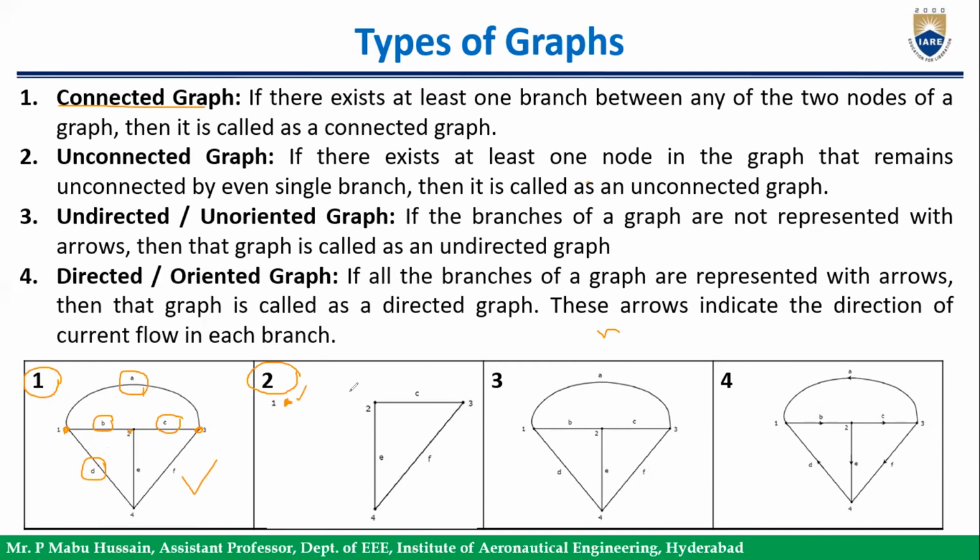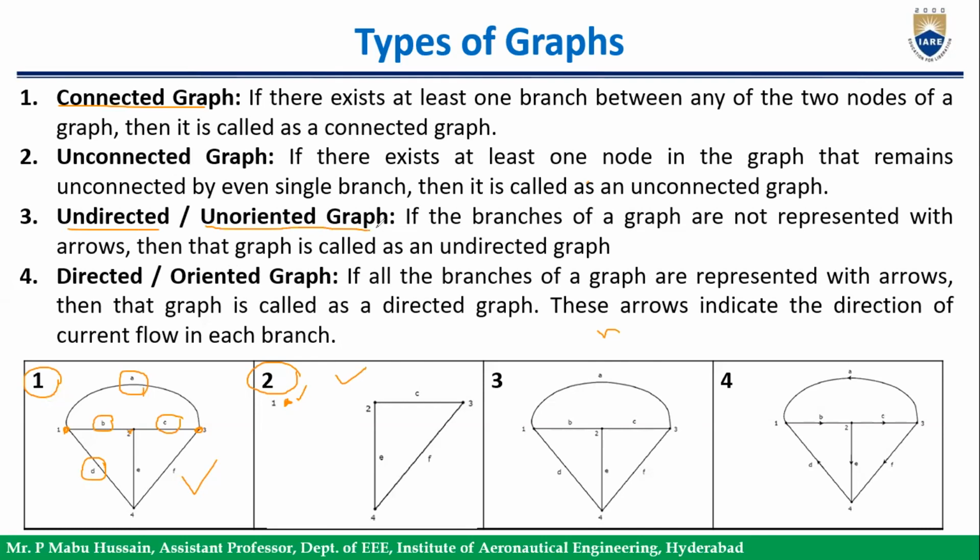So you can say that this type of graph is an unconnected graph. In an unconnected graph, at least one node must remain unconnected by even a single branch.